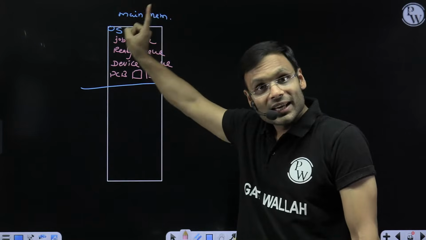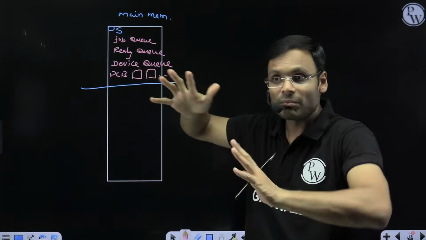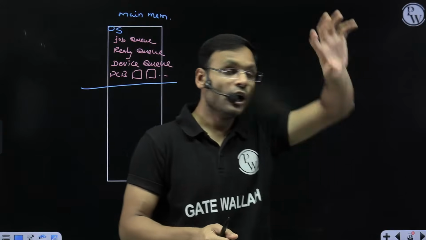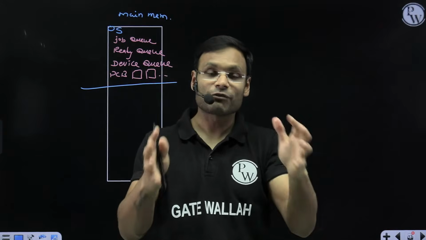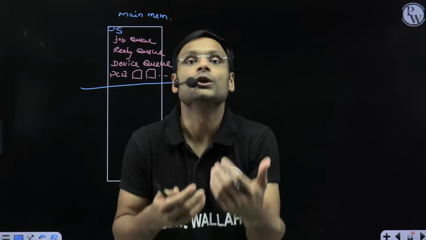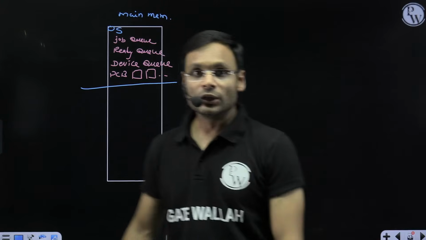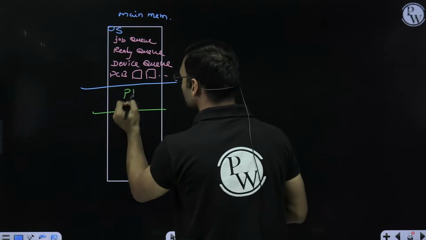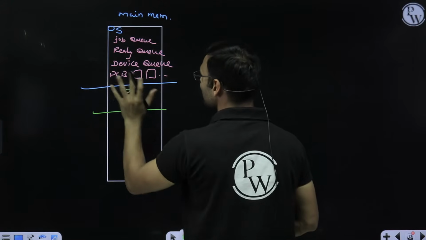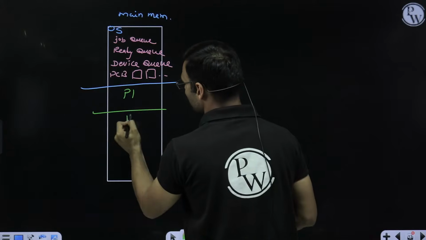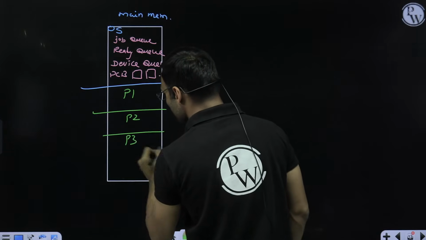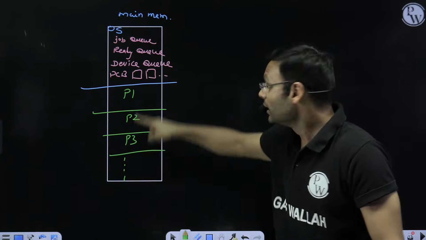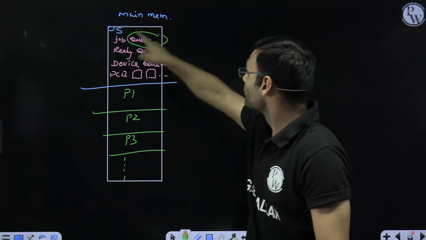The job queue is there in the operating system part in main memory. It helps the operating system understand what all processes are there which are installed but not being used right now. Which processes are there in main memory then? Only those which are in either ready state, running state, or device waiting state, blocked state. Whichever processes are there in main memory will not be in this job queue list.